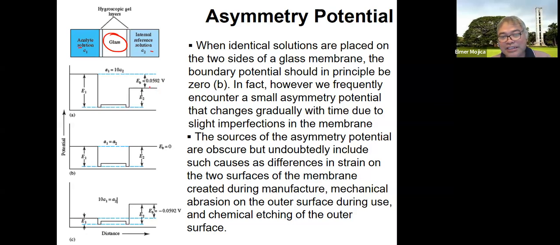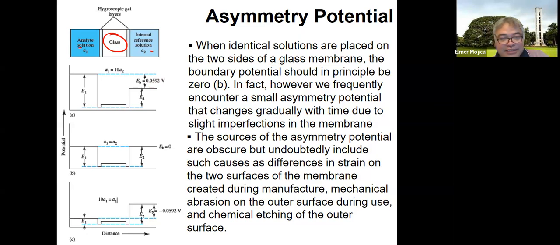When identical solutions are placed on the two sides of a glass membrane, the boundary potential should in principle be 0. However, we frequently encounter a small asymmetry potential that changes gradually with time due to slight imperfections of the membrane.